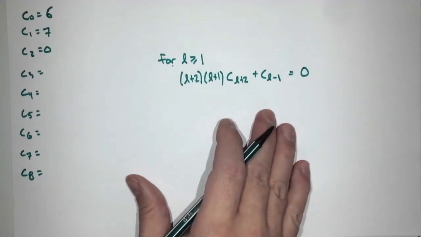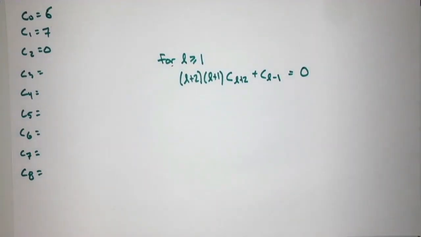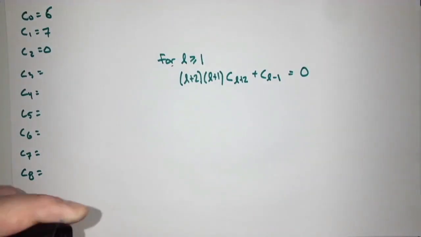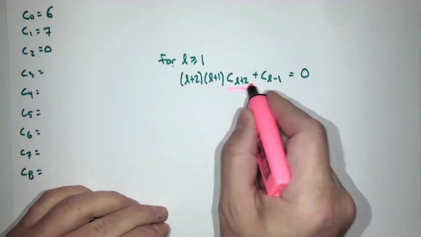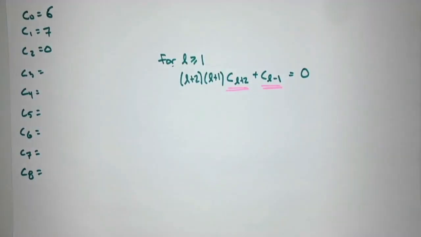So this is going to help us fill in the rest. Because what we have here is relationships between the coefficients. So we're saying the coefficients are not completely independent of each other. If I know some coefficients, it forces other coefficients.